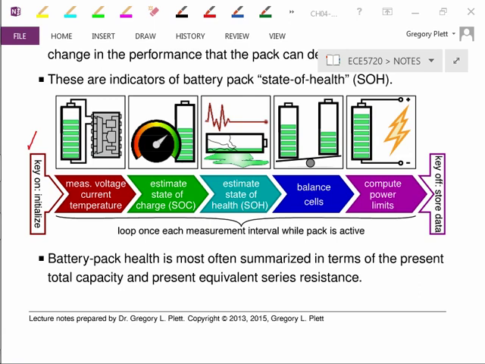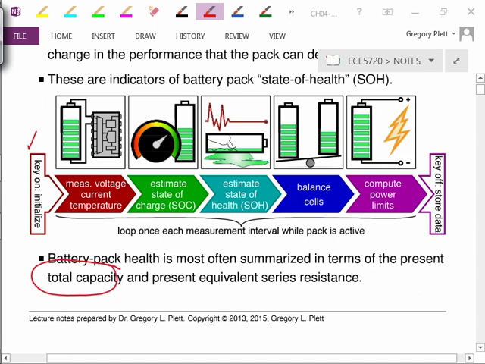And if you read through the literature, when people talk about state of health, they're almost always talking about either one or both of two different things. One of them is the capacity of the battery cells, and the other is the series resistance of the battery cells.